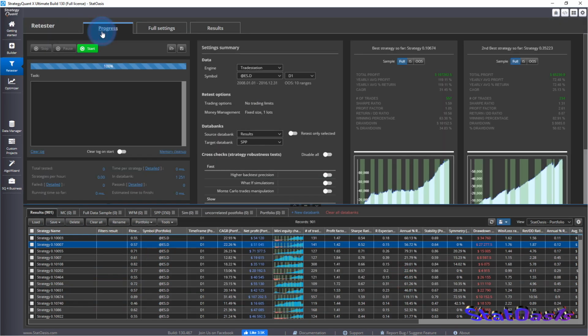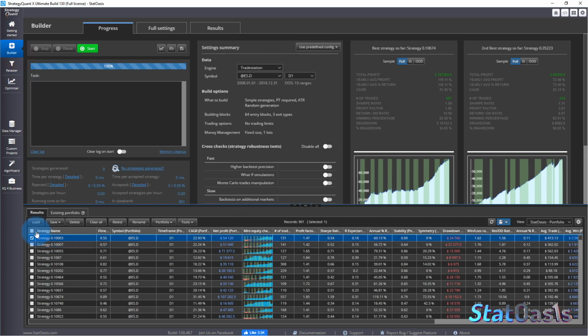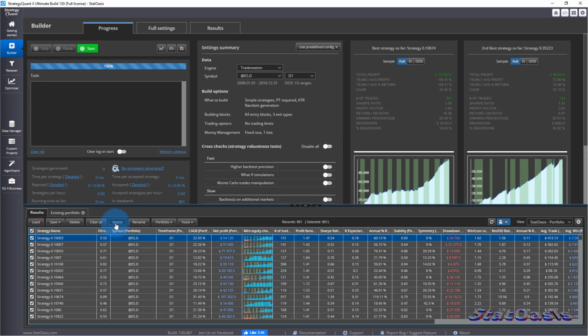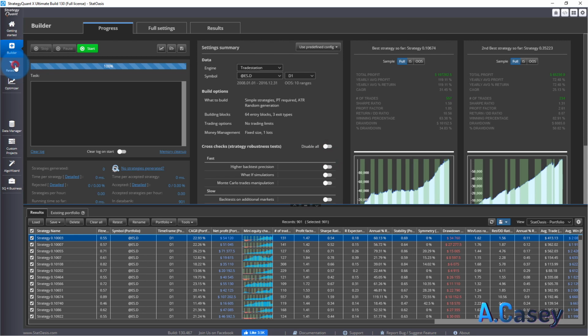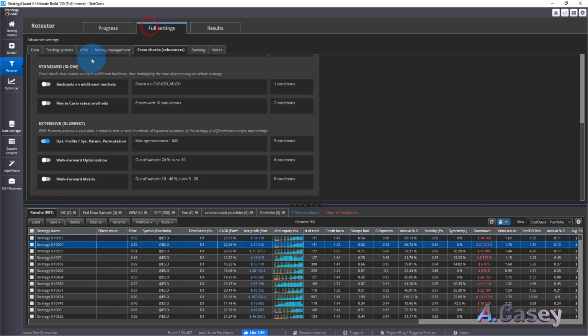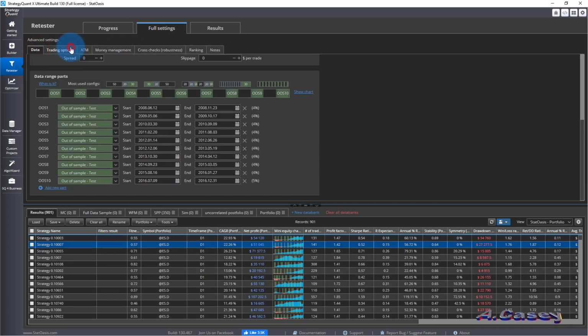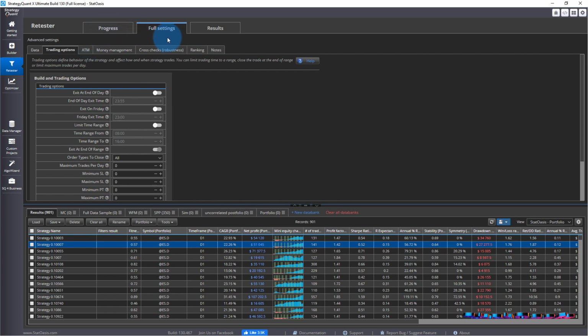And this is what I did once you have everything in the retester. So if you don't know, you just pick this and you say retest and copy. So you keep the original here. It will copy everything to the retester with the strategy logic, so data and trading options and everything.